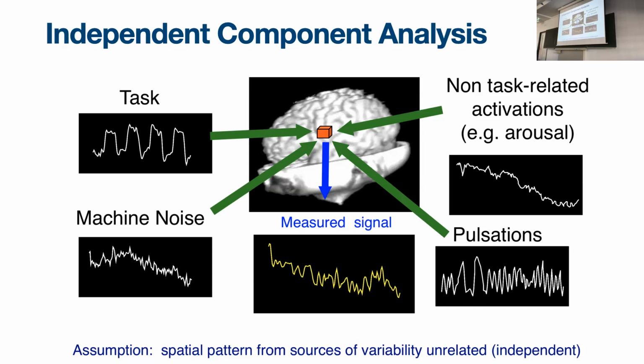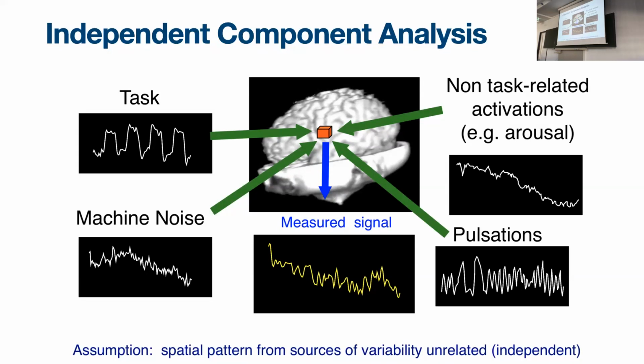When you do ICA on an fMRI signal, you end up with very stereotypical components. Some of them are going to have a structure like this in time and a spatial structure that shows you the arteries in the base of the head, because it's pulsation.